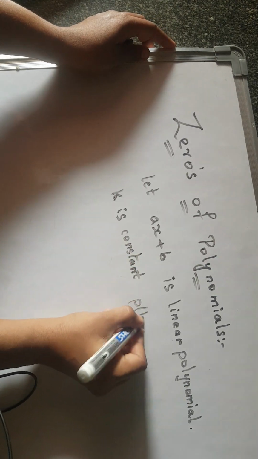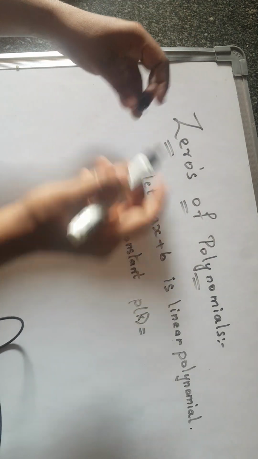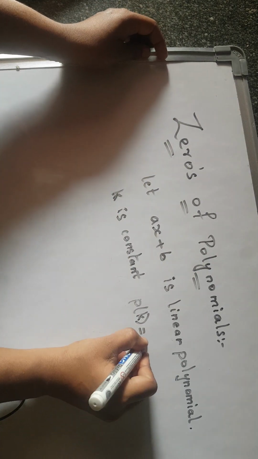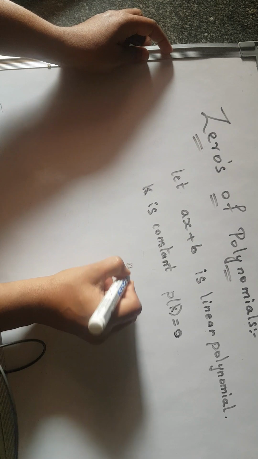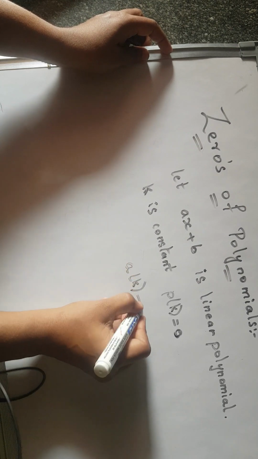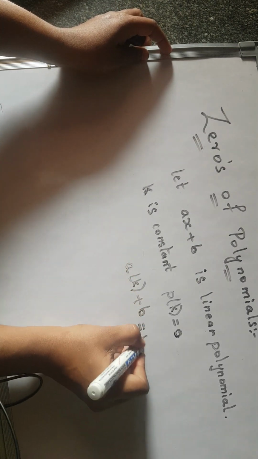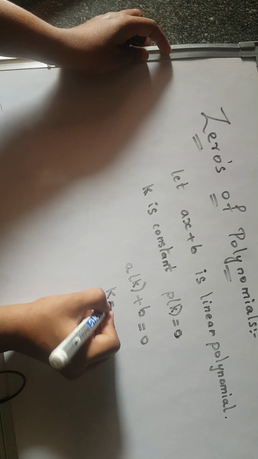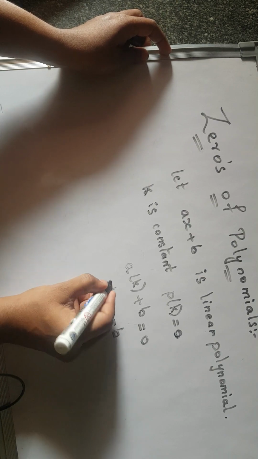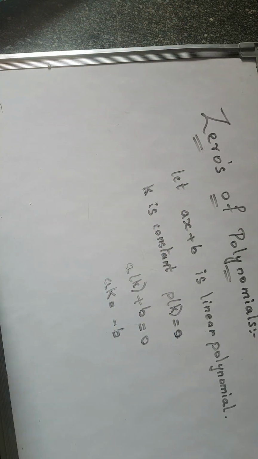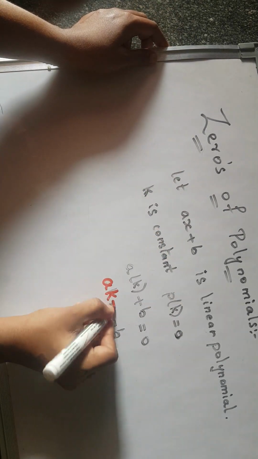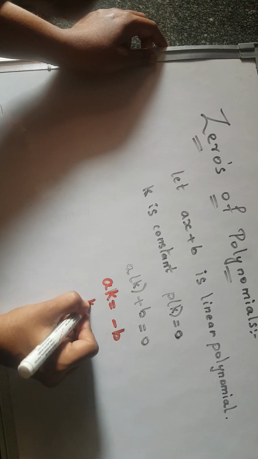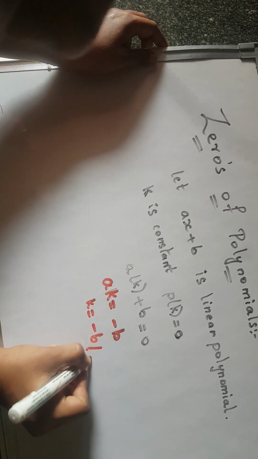P of k is equal to 0. When this equates to 0, it means a of k plus b equals 0, which means ak equals minus b and k equals minus b by a.